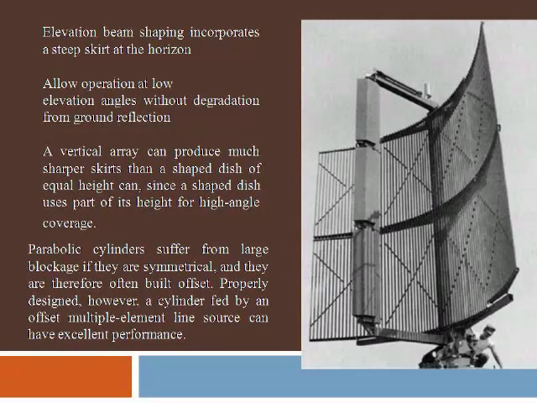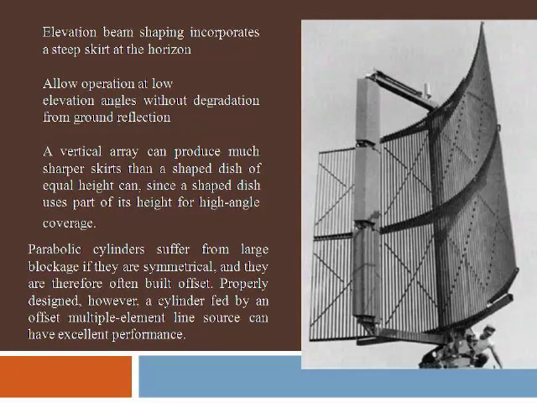Elevation beam shaping incorporates a steep skirt at the horizon, and it will allow operation at low elevation angles without degradation from ground reflection. A vertical array can produce much sharper skirts than a shaped dish of equal height, since a shaped dish uses part of its height for high angle coverage.